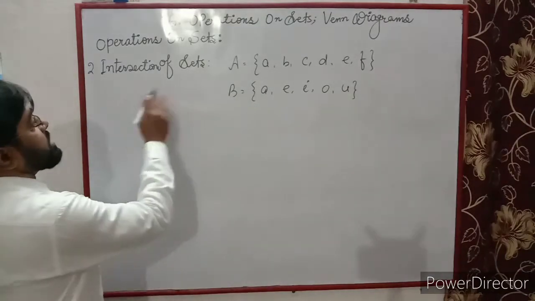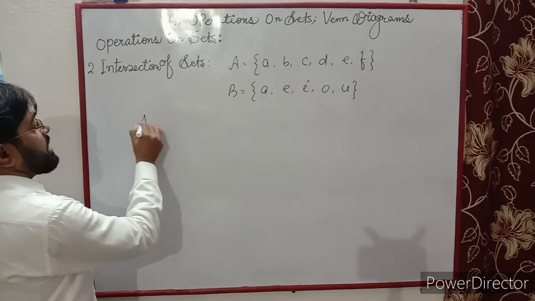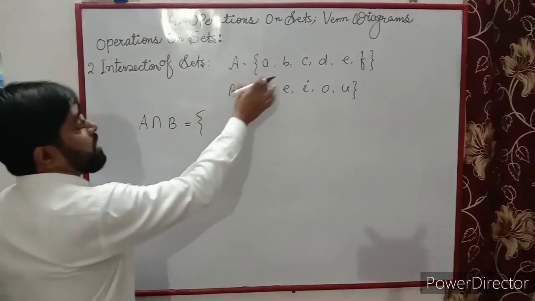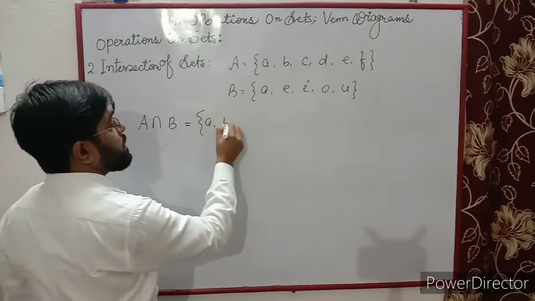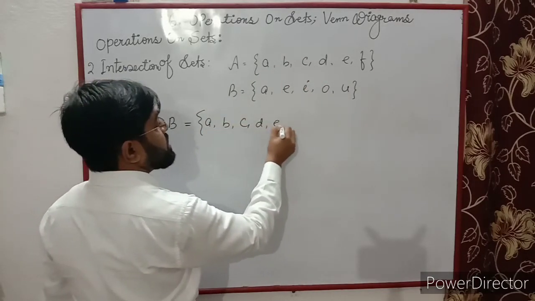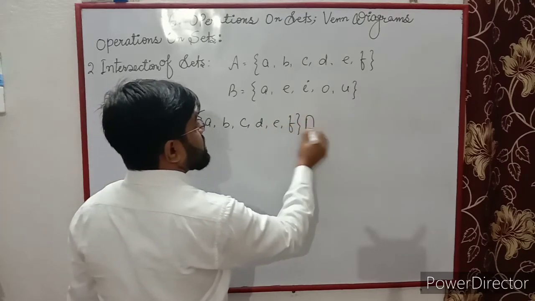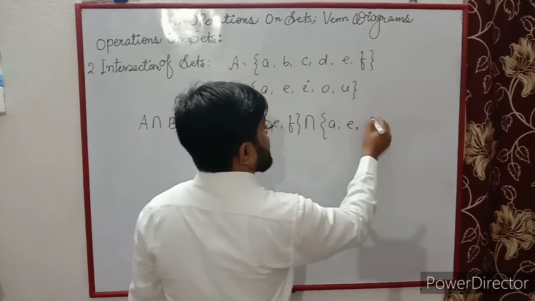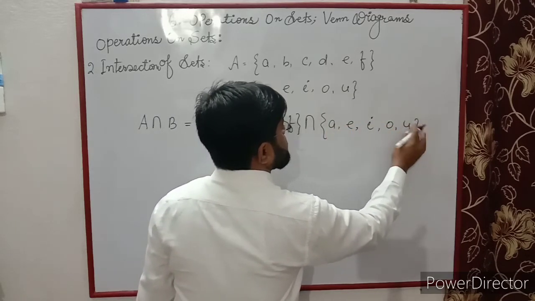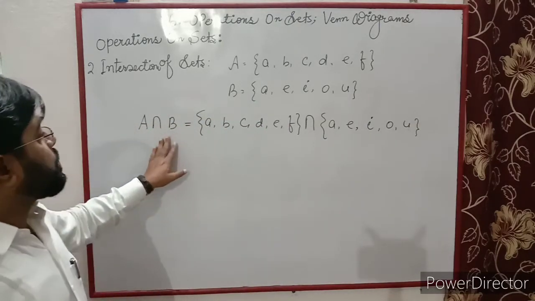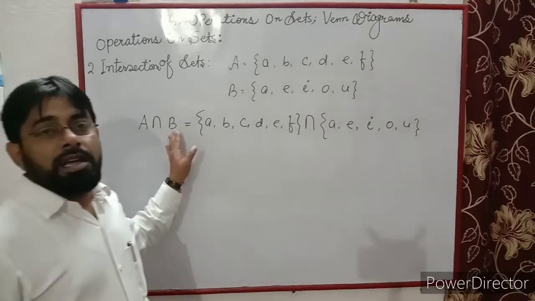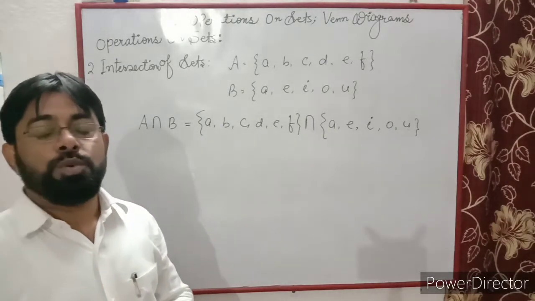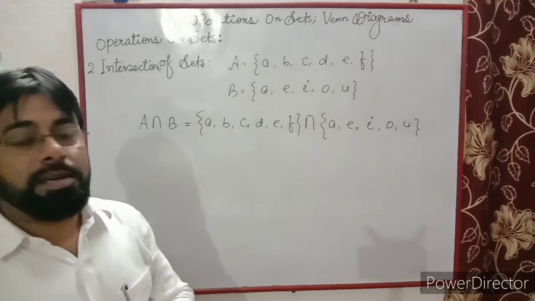Now the intersection of two sets is written as A intersection B. Write all elements of set A, intersection, all elements of set B. A intersection B means the intersection of two sets consists of all those elements which belong to both A and B.